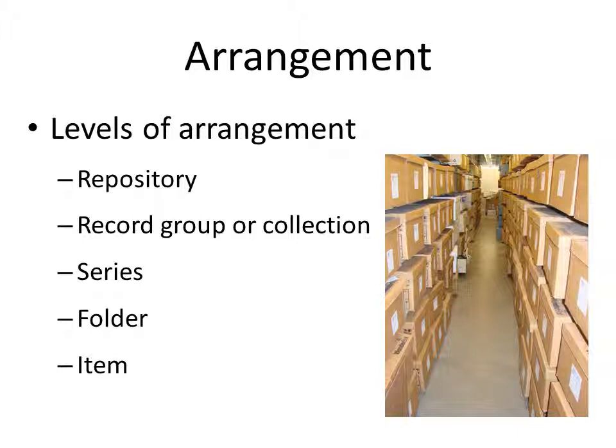Yes, that is a very good question. She was saying if you only provide a very basic description of, I have one box of accounts payable, but you don't say anything about what's in that box, then yes, there's less information that a researcher can go on to know if they want to look in that box.